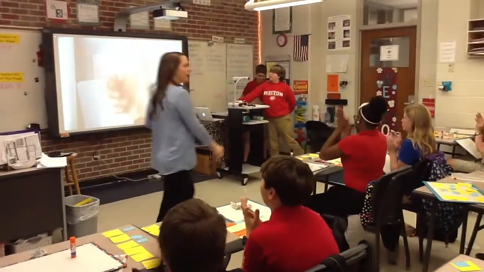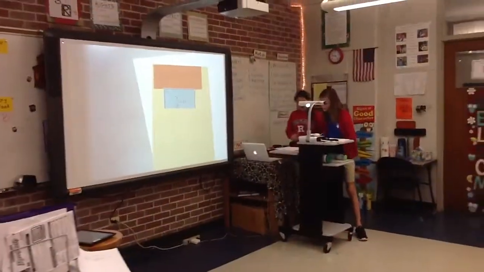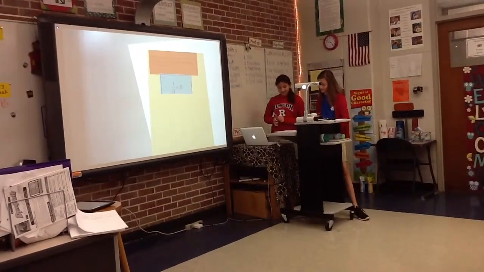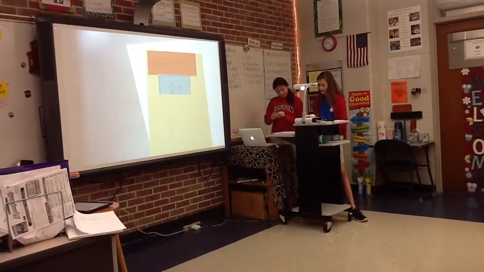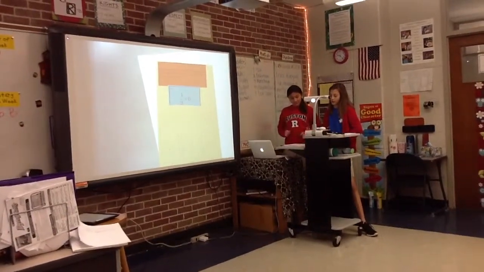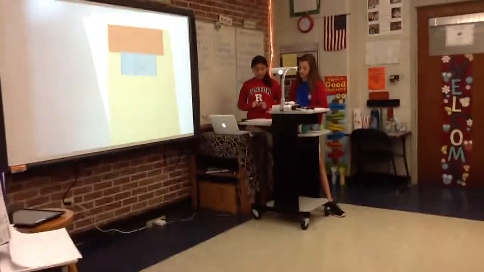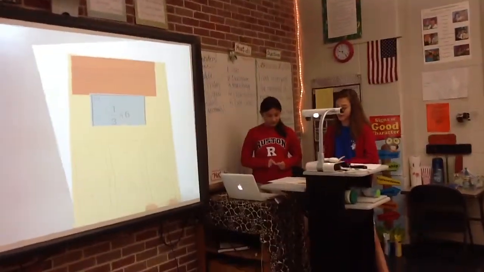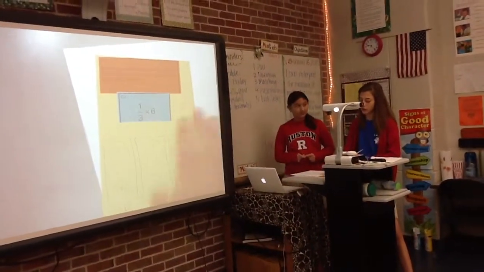Good. Okay, Ron? 6 pizzas are placed in 3 boxes. The same number goes into each box. How many is this? So we thought it would be 1/3 times 6 because they're asking each box, so each box would be 1/3.